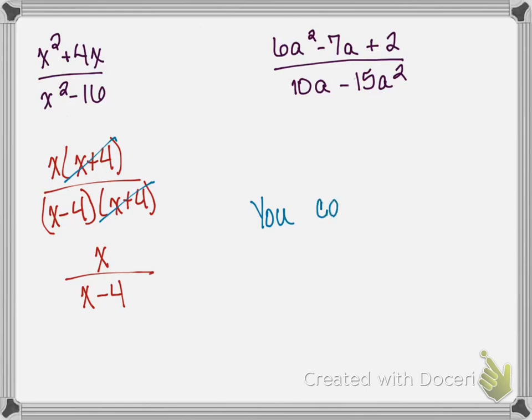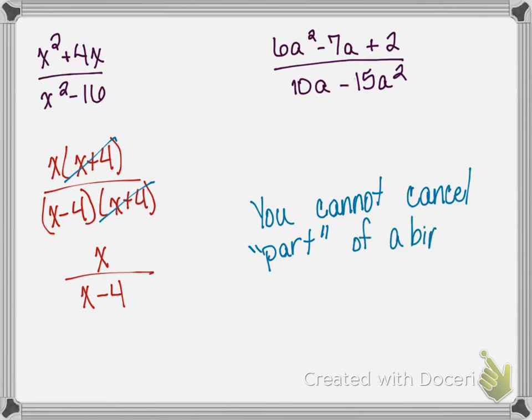You cannot cancel part of a binomial. You have to cancel all of it or none of it. Okay?